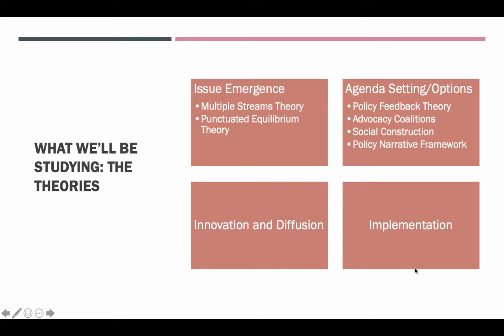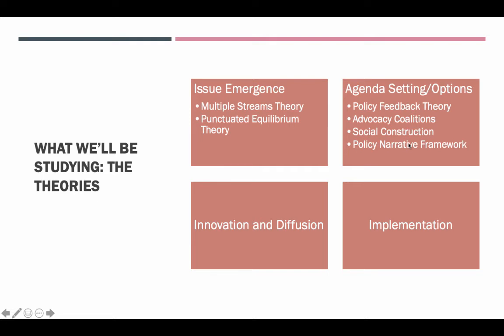And then also implementing policies. What are the issues surrounding implementing policies that make for worthy study of the policy process in and of itself? Implementation studies are fascinating, and we think about the fun stuff back here about how we construct the problem and all of that.